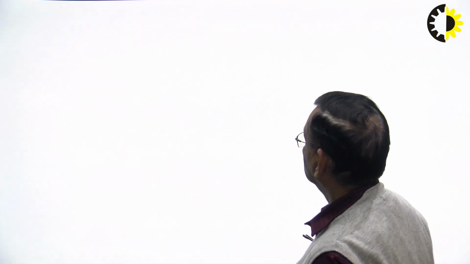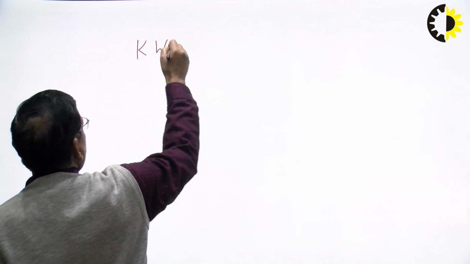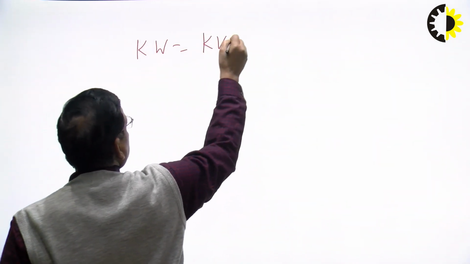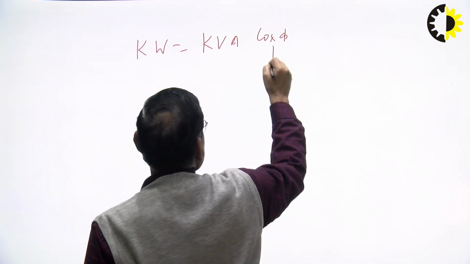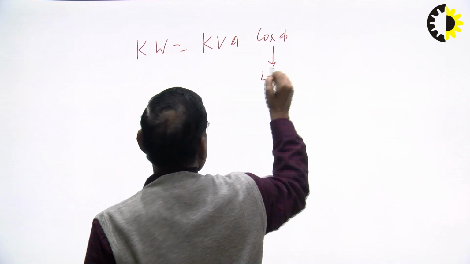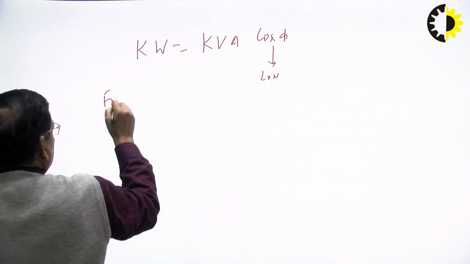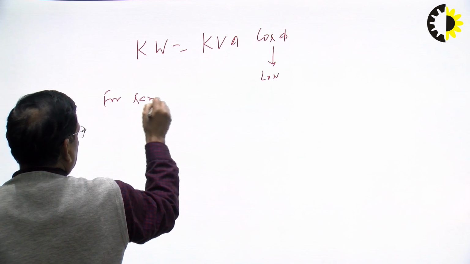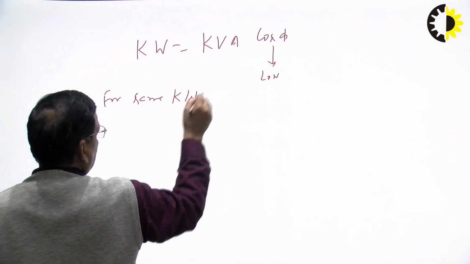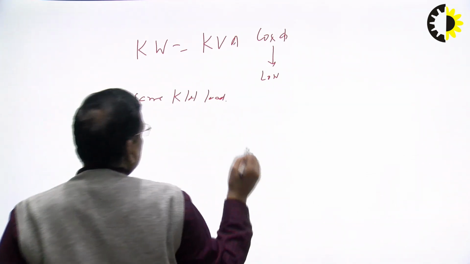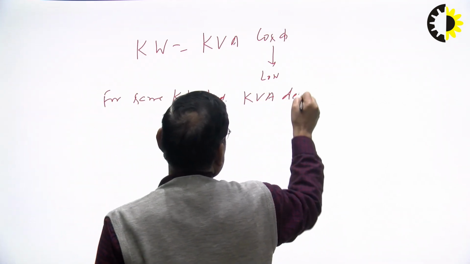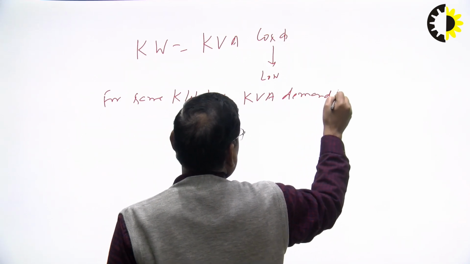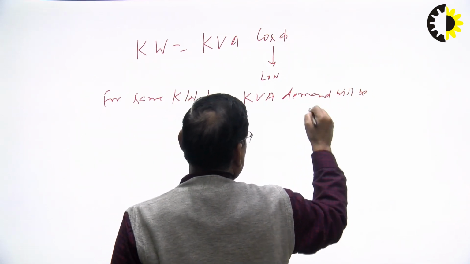So, we can conclude the significance. Suppose, again the basics, kVA cos phi. If the cos phi is low, then for the same kilowatt load, the kVA demand will be more.